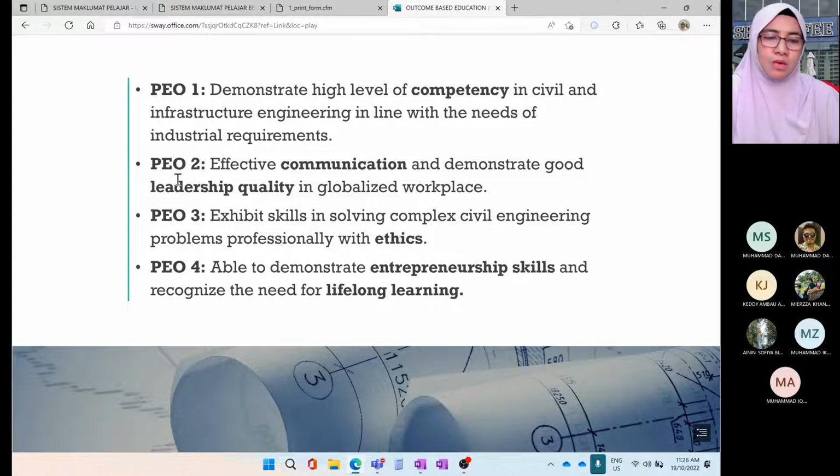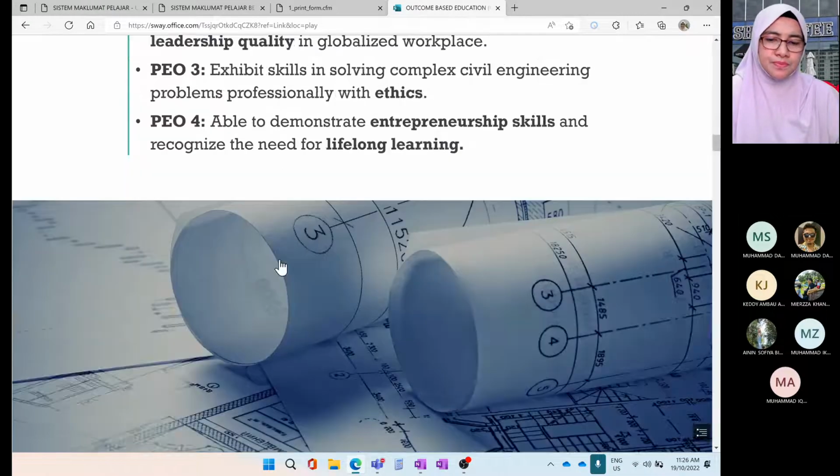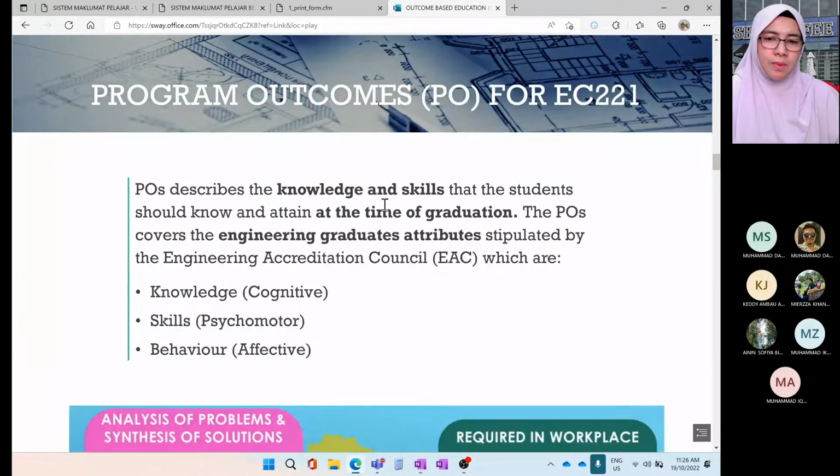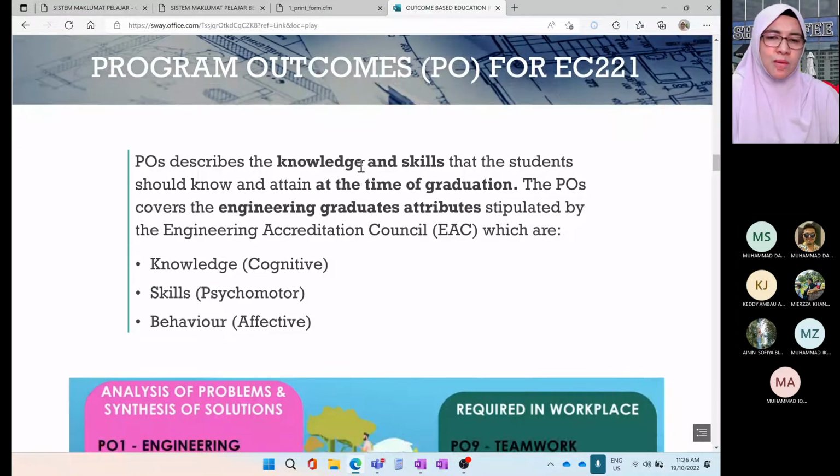So we have 4 PEOs that are met with 12 POs. 12 program outcomes, for EC221 there are 12. And these 12 POs are actually based on three domains.